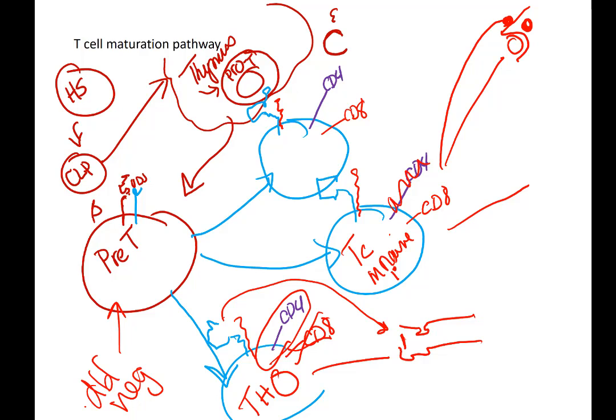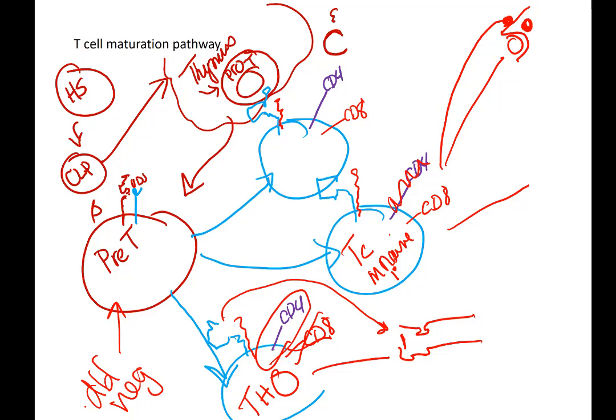T helper cells can only recognize MHC because the CD4 molecule binds to a region on the MHC DR, DP, or DQ, and that binding is necessary for activation. If it can't bind to that region, that co-receptor, and the reason we call it a co-receptor is because it has to bind along with the T cell receptor in order to send a signal.